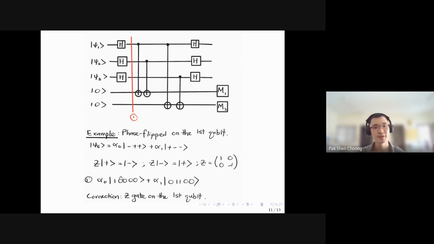Once you have 0 and 1, you see that this is the same problem as before. Then this part just detects your error. After you detect the error, you turn the first 3 qubits back to the plus and minus basis, and then you correct your errors according to what you measured on M1 and M2. So in this case, you just put a Z gate on the first qubit and you fix your error.